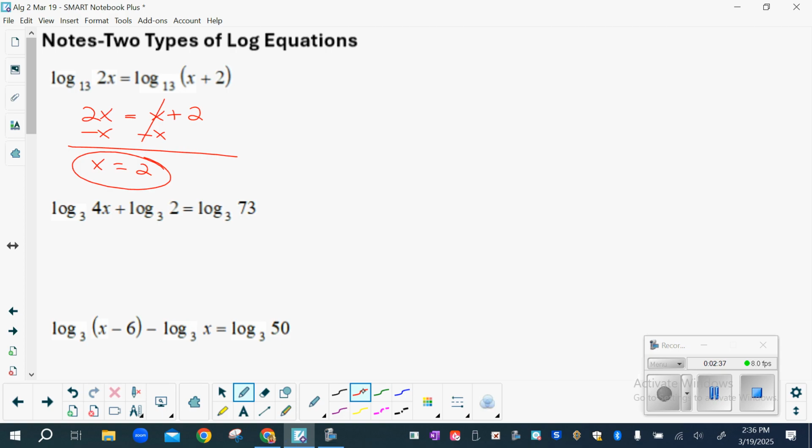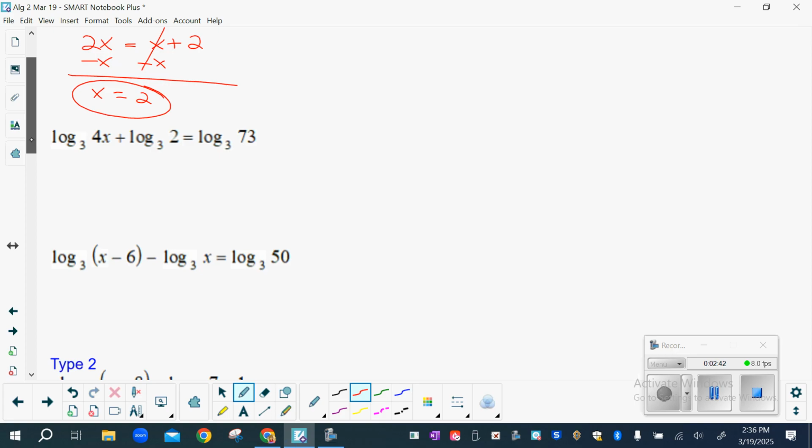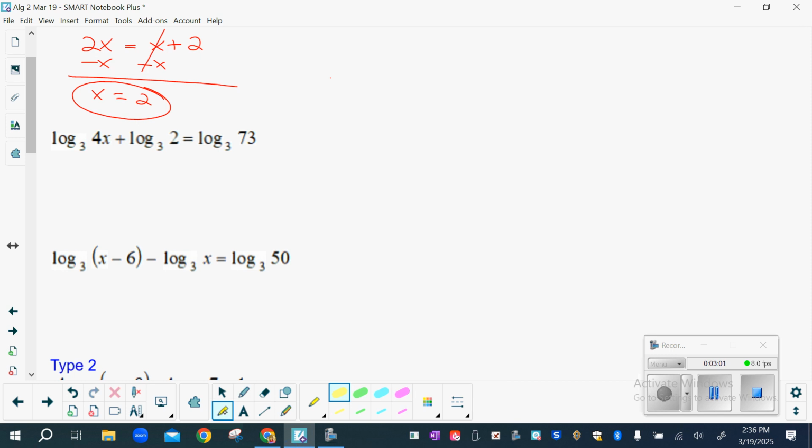What's different on problem number 2? Yeah, we got 2 logs. So on the left-hand side, we have 2 logs. Is there a way that I could write that as 1 log? So we're going to use our condensing logs that we did before. This is addition.